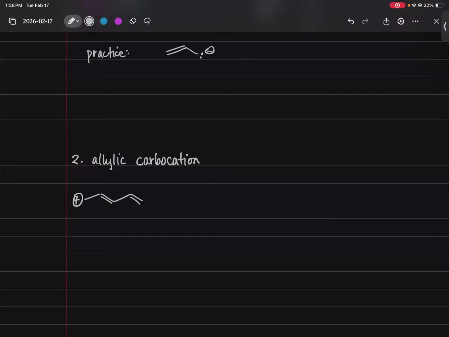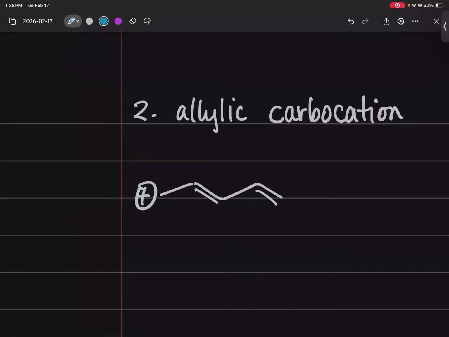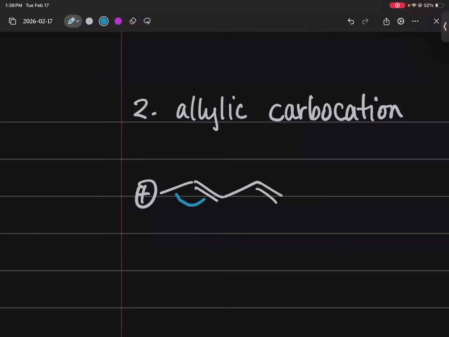So we have some pi electrons in that first leftmost double bond, and these can move. Essentially, we're just scooting the pi bond over by one.